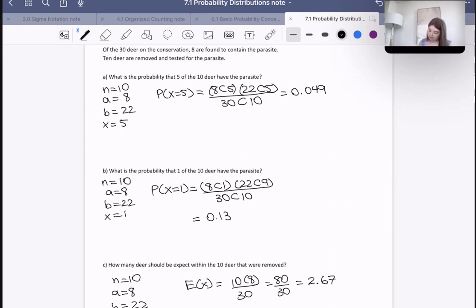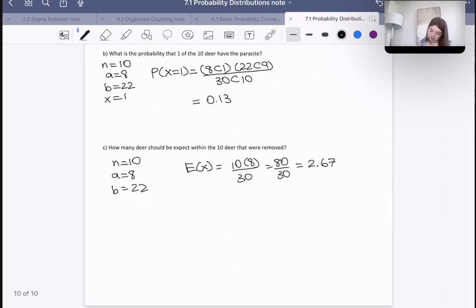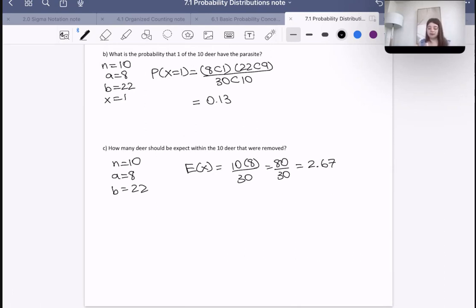It's 1.67 away from 1, and it's 2 1/3 away from 5, right? So it makes sense that the probability of 1 deer is going to be higher because we're a bit closer to that expected value there.